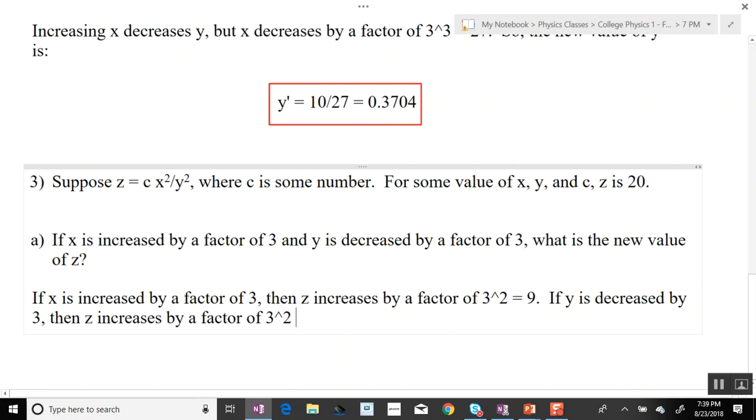They're both squared, so 3 squared is 9. Increasing x by 3 increases z by 9. Also decreasing y by 3 also increases z by 9.